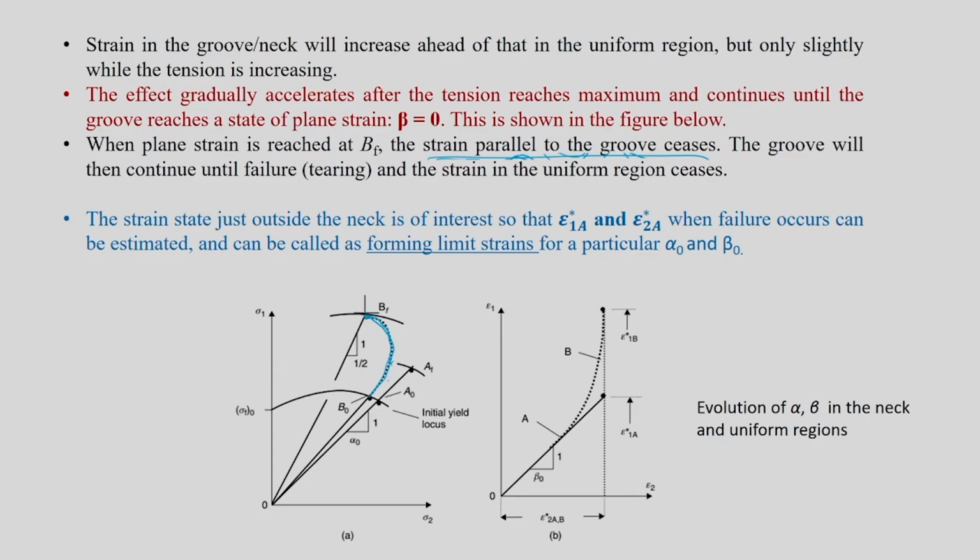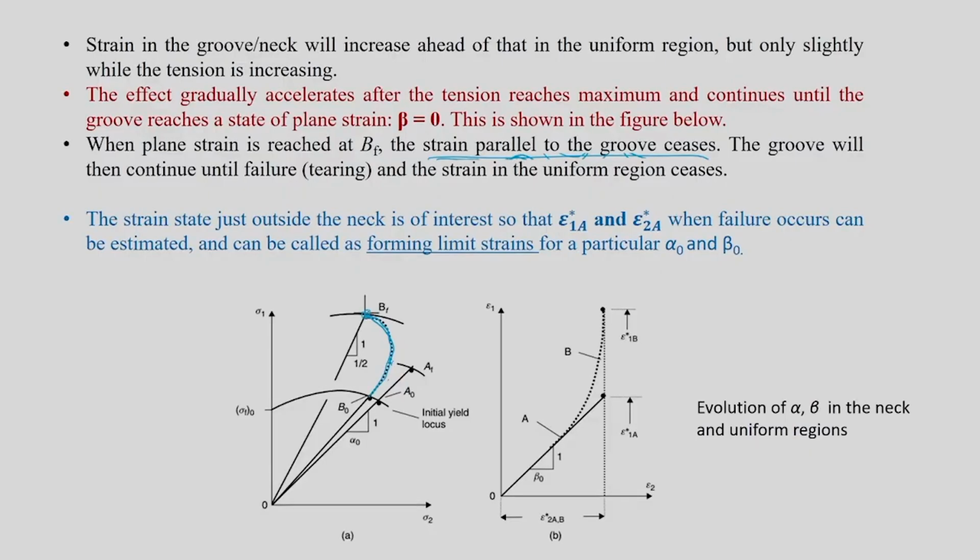As you deform further, the groove or the neck region will continue to deform, it will fail, it will tear, and the strain in the uniform region ceases. But we always refer to the uniform region when this situation is happening, and that will lead to epsilon 1A star and epsilon 2A star being shown as forming limit strains.